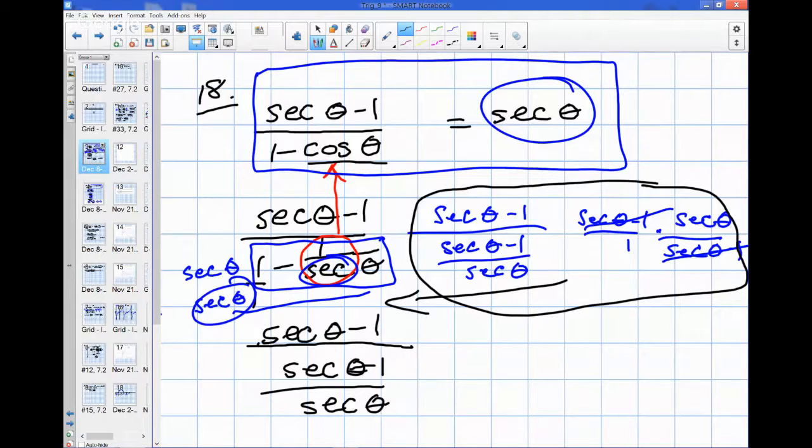That's our next task. How can I combine those two? Well, if I got a common denominator, I could. This 1 is really just 1 over 1, and so to make it have the common denominator of secant, I multiplied top and bottom by secant. So now it became secant over secant minus 1 over secant.